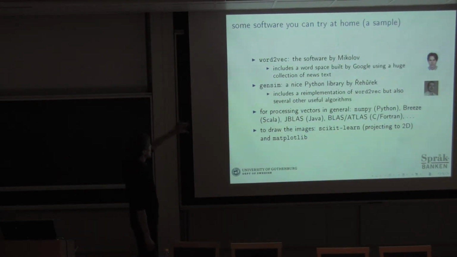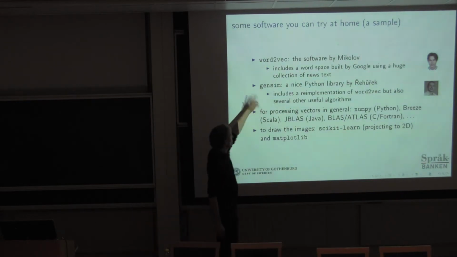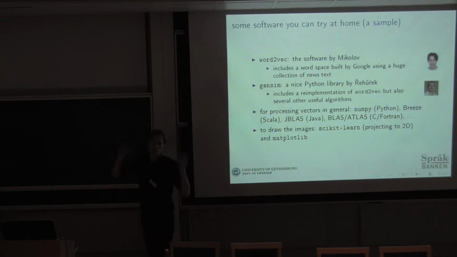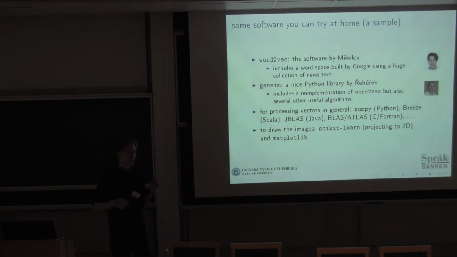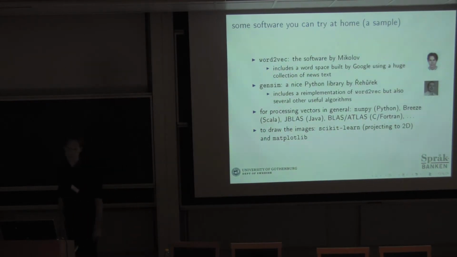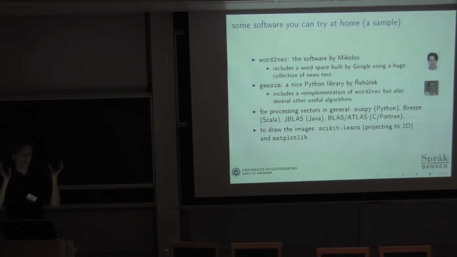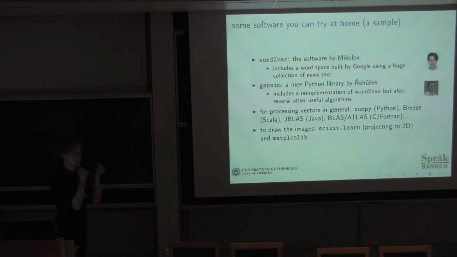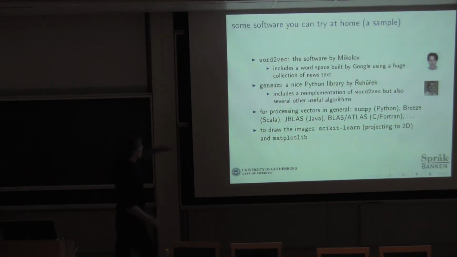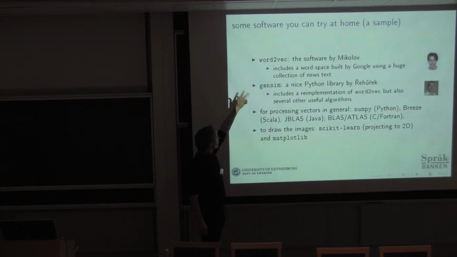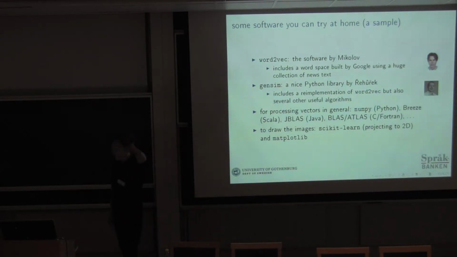This is a Python implementation of Mikolov's algorithm, and it's a very optimized implementation. It's not exactly as fast as the C implementation, but it's still quite usable. It's built in something called Cython, which is a kind of glue between C and Python. This includes the word2vec algorithm, but also several other useful algorithms.